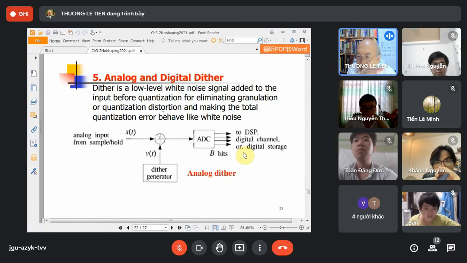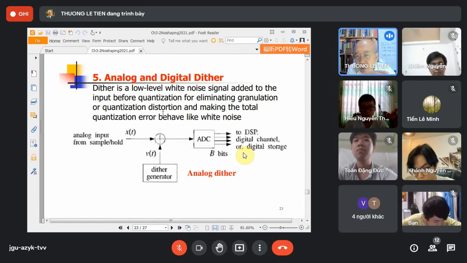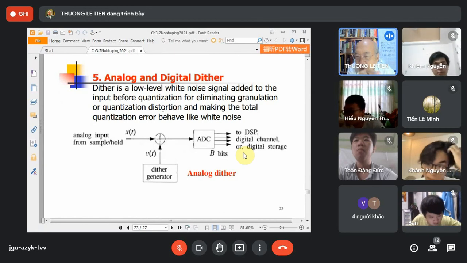So that also means many low-level samples would take the same value. That may cause what we say is quantization distortion, or the distortion caused by the quantization.